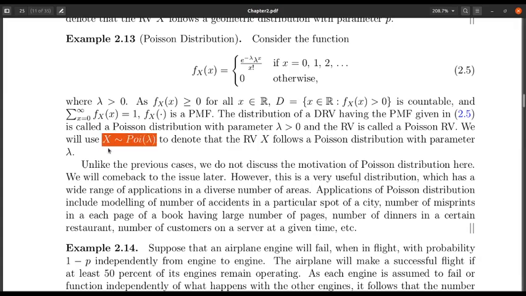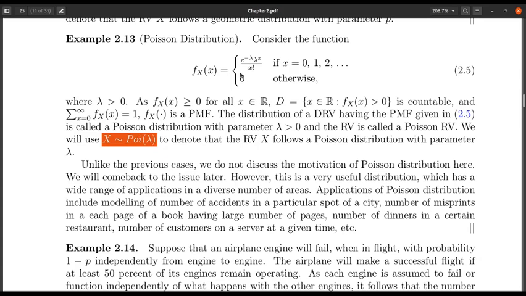to denote that x is a discrete random variable having this PMF. As I already mentioned, I have not given you the exact background of the Poisson random variable, but we will discuss this later when we have more tools of probability. What we are going to show is that the Poisson distribution is a limiting case of the binomial distribution when the number of trials is very, very large.